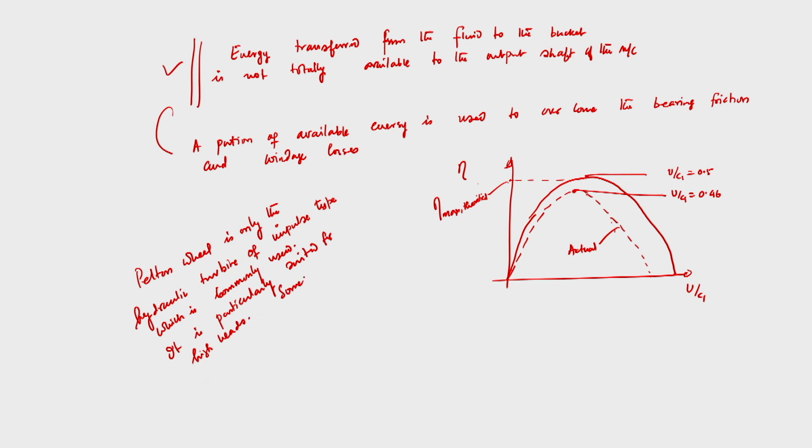Sometimes the Pelton wheel is called a tangential flow turbine. Why tangential flow turbine? Because we have seen that the jet is striking almost in the tangential direction of the pitch circle diameter. Just like we classified reaction turbines as radial flow and axial flow, the Pelton wheel is sometimes known as a tangential flow turbine.